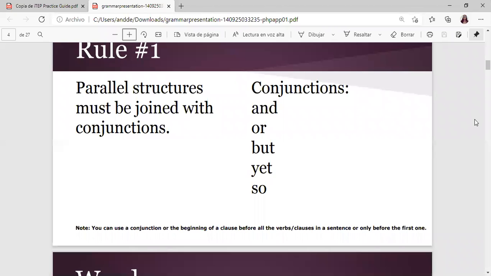For example, conjunctions like for, and, nor, but, or, yet. Those are very common. You can use the conjunctions at the beginning of a clause before all the verbs or the clauses in a sentence, or only before the first one. We're gonna see it.